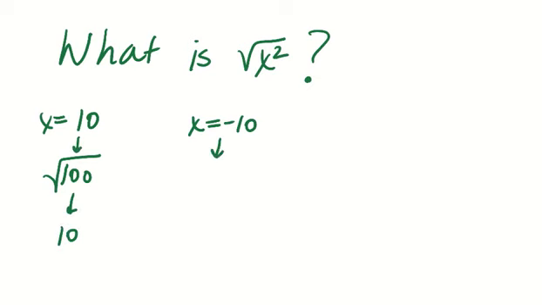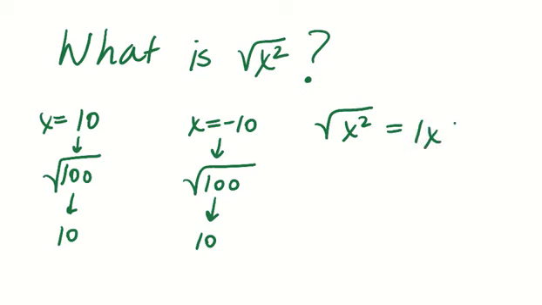And then if I take negative 10 and I square it, that's positive 100, and I take the square root of positive 100, and I get 10. So it seems like when I put in negative 10, I lost the negativity. So what's something else that we studied in this class where it didn't do anything to a positive number, but we lost the negativity on a negative number? Absolute value, yes. So actually, in the truest sense, the square root of x squared is equal to the absolute value of x.